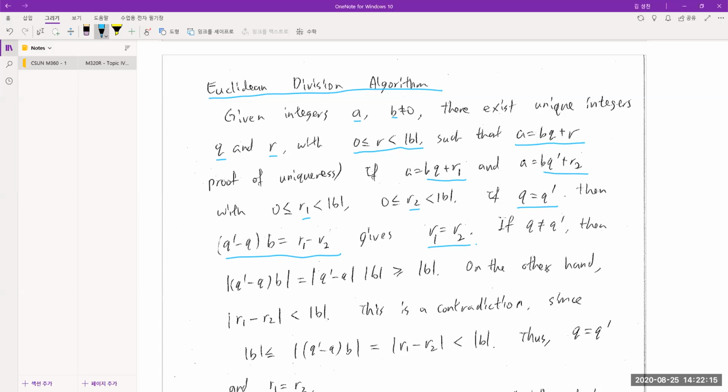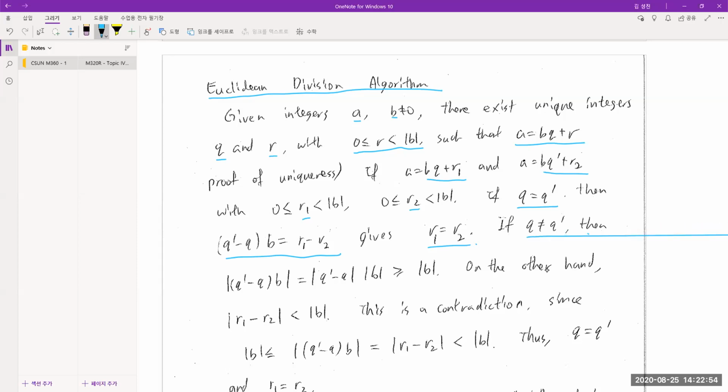But we may not have that. If q and q prime are not the same, then we are going to derive a contradiction. Because of the above identity, by taking absolute values, we obtain that the absolute value of q prime minus q times b can be split up into the absolute value of q prime minus q multiplied by the absolute value of b.